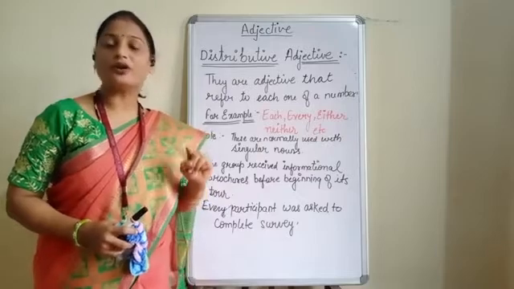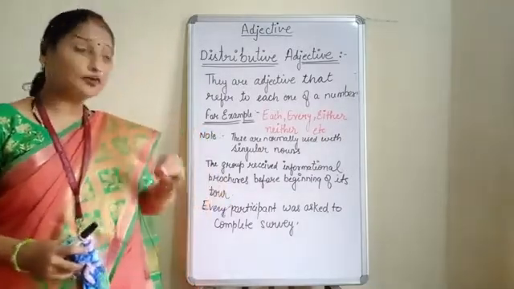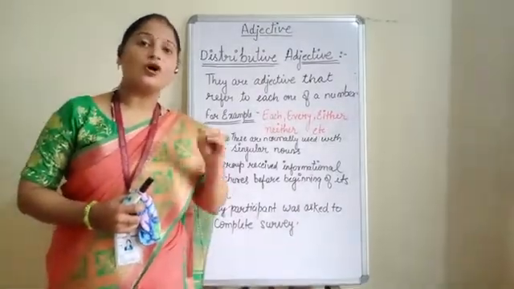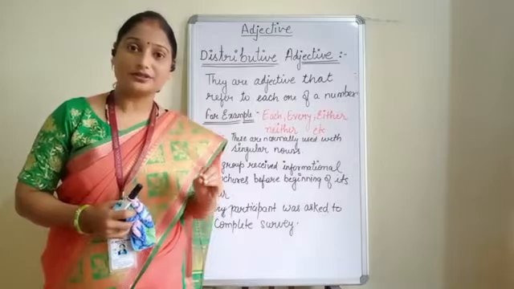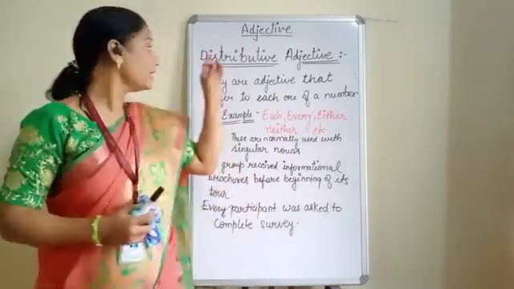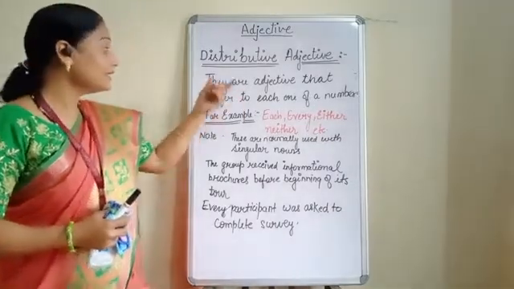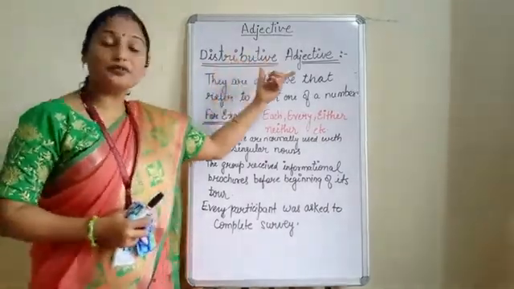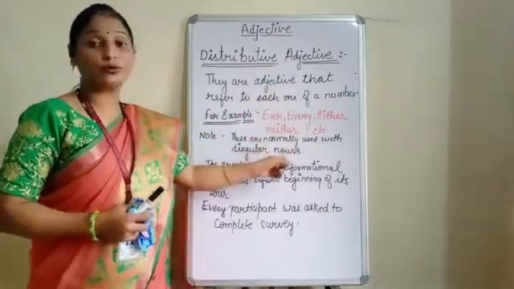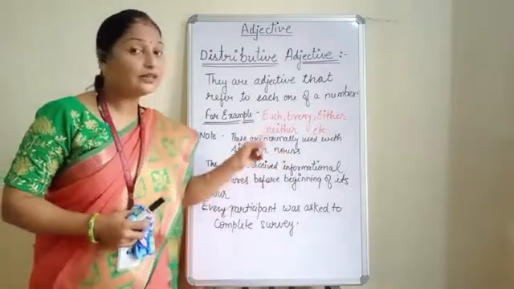Each one of a number. That is, if a word is representing all the nouns one by one, then that is called a distributive adjective. Normally, these distributive adjectives are used with singular nouns. Clear? They are used with singular nouns.